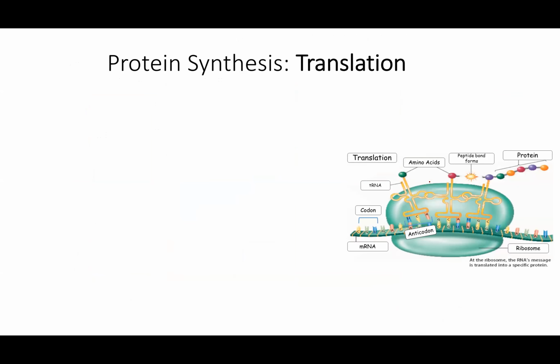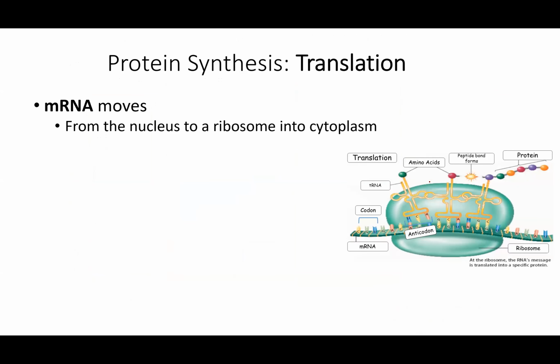Once that is complete, the mRNA moves from the nucleus to a ribosome in the cytoplasm or attached to the rough endoplasmic reticulum. The mRNA relies on the ribosome for making protein, for the process of translation.